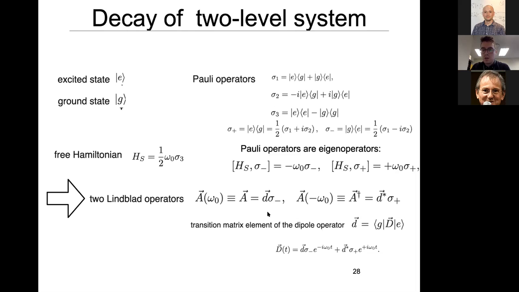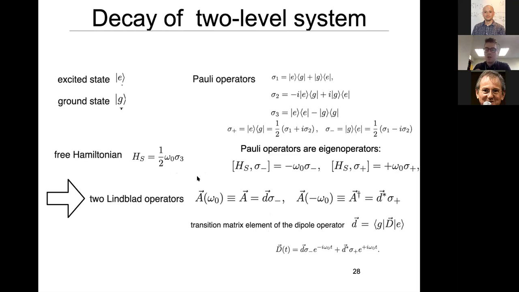So here we specified the Hamiltonian of our open system. The projection operators that go in the definition of our eigenoperators will project onto the eigenspaces belonging to eigenvalue plus omega naught and minus omega naught.